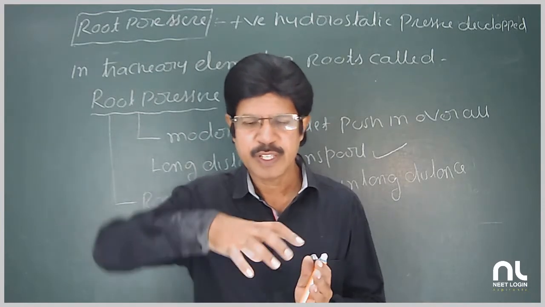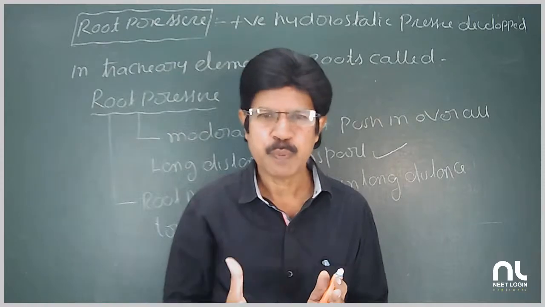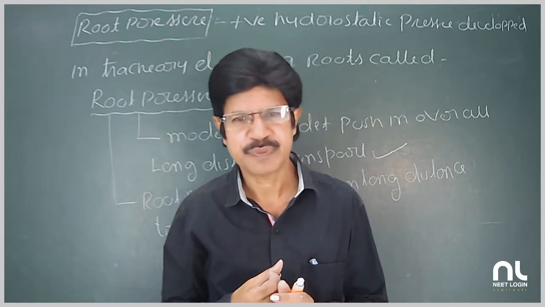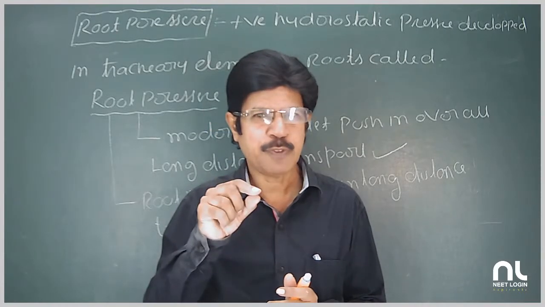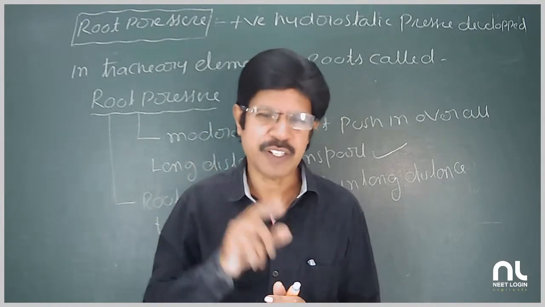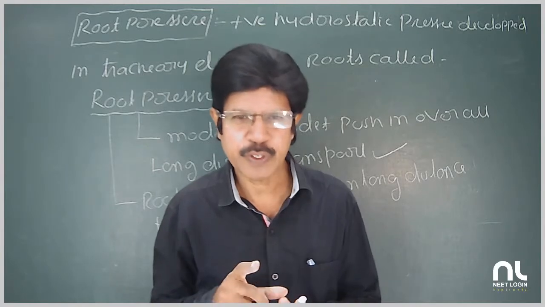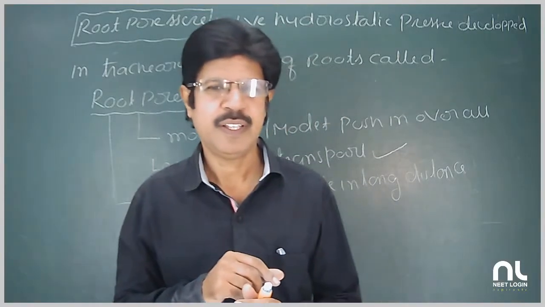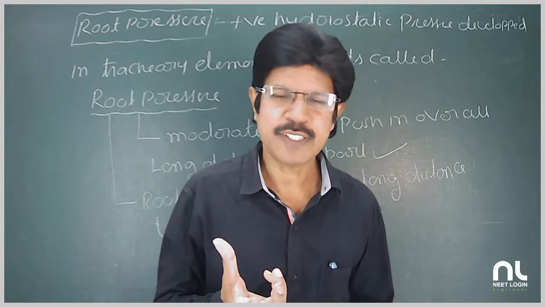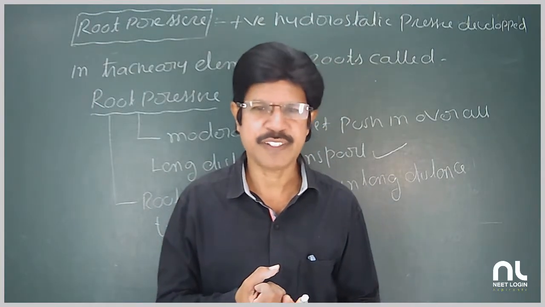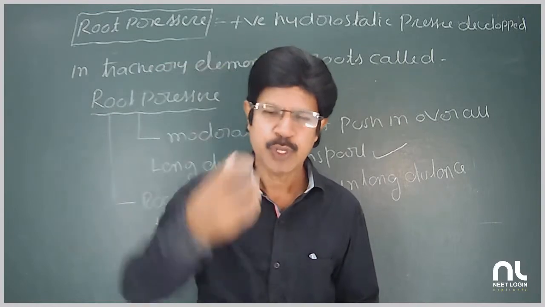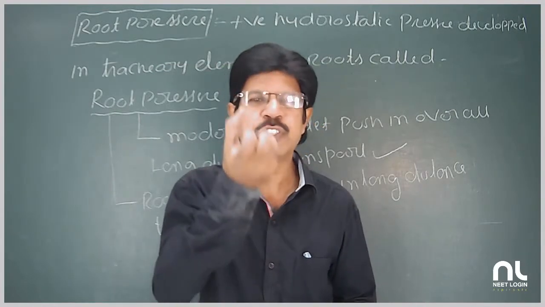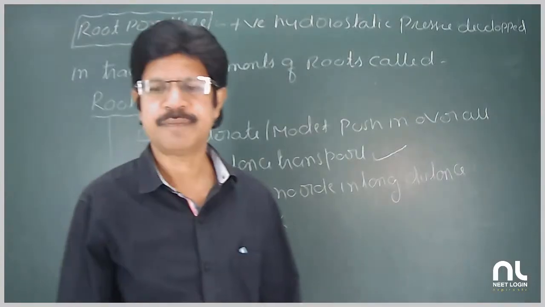Pull is negative, push is positive. Bulk flow may be push or pull. So root pressure causes pushing of water, not pulling. Pulling is a negative pressure, pushing is a positive pressure. I hope you got it.